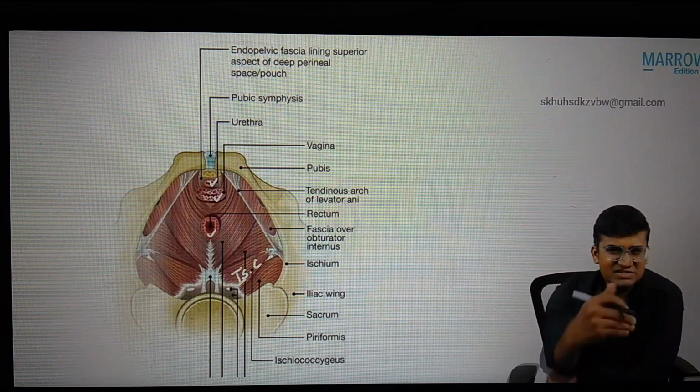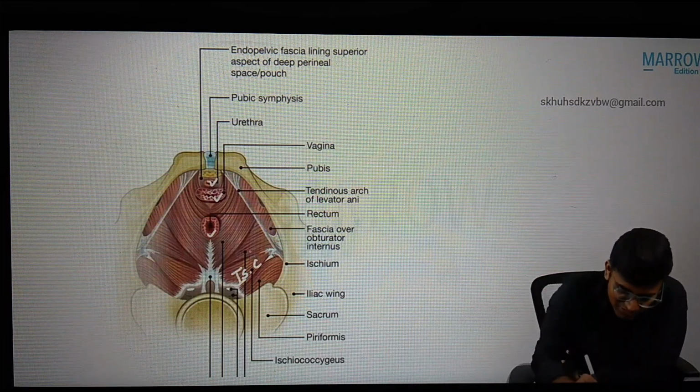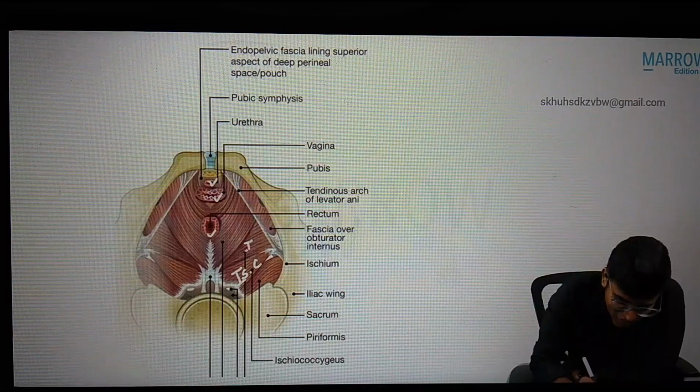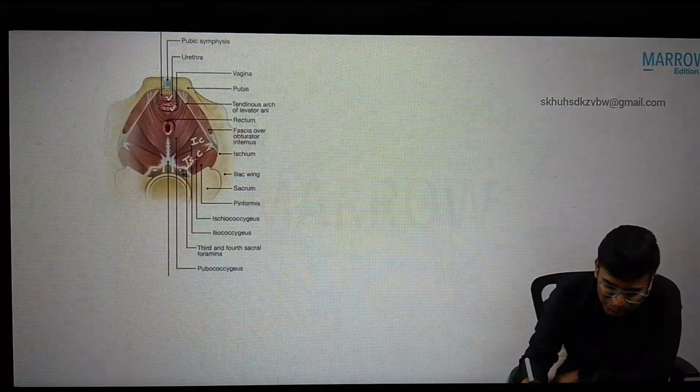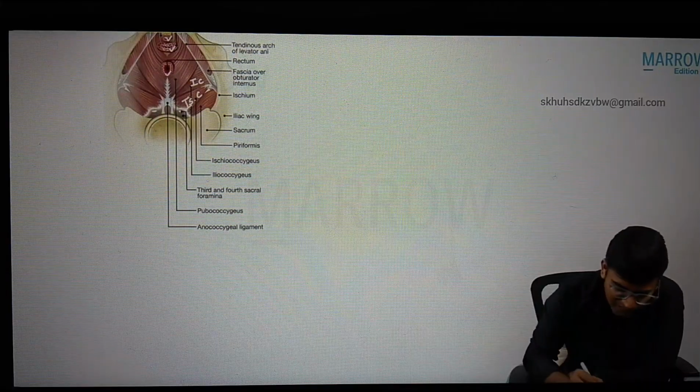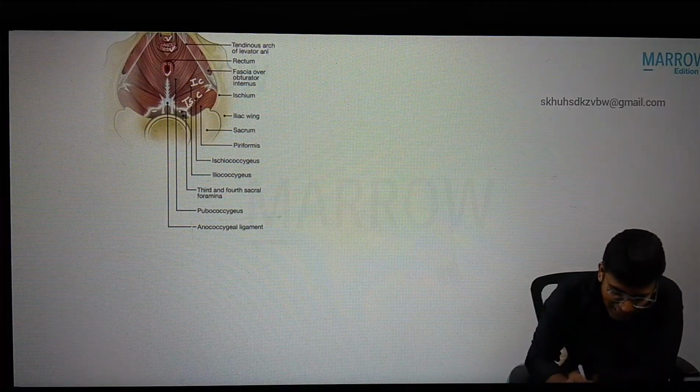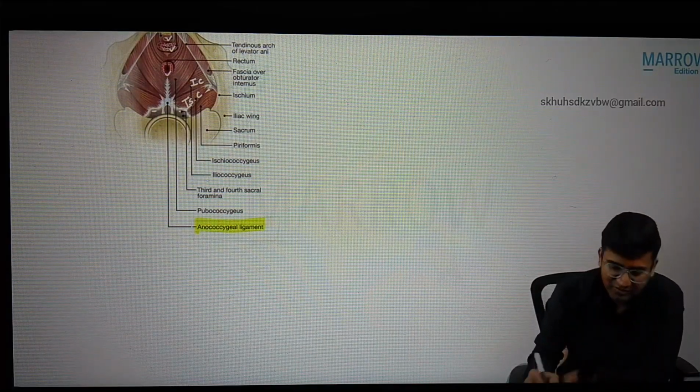Now just in front of the ischio-coccygeus muscle, we are seeing this one, the iliococcygeus muscle. The iliococcygeus muscle attaches to the coccyx bone and the anococcygeal raphe.